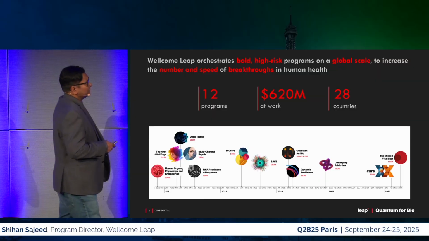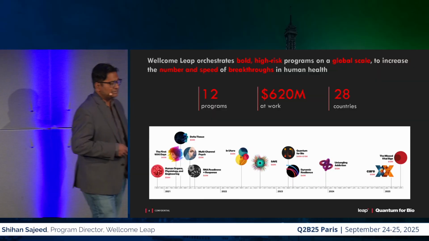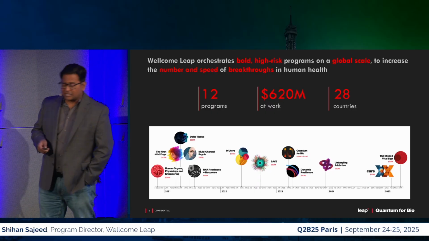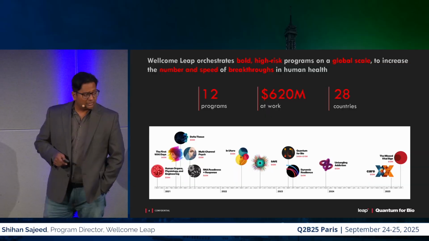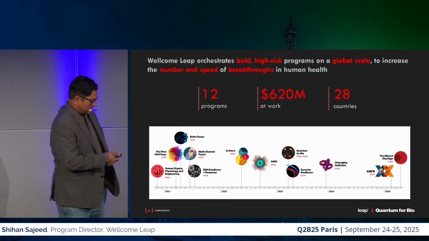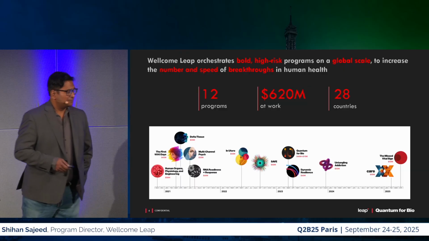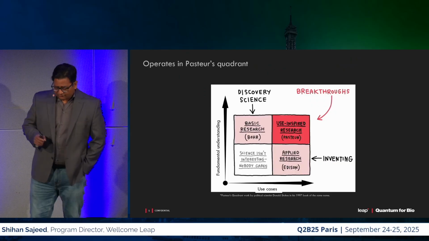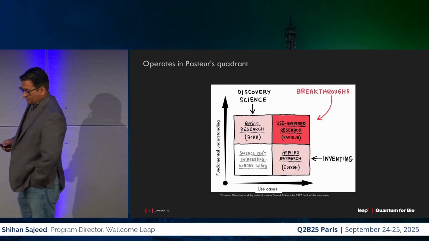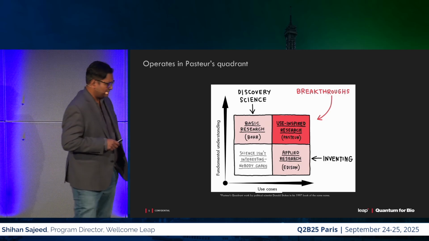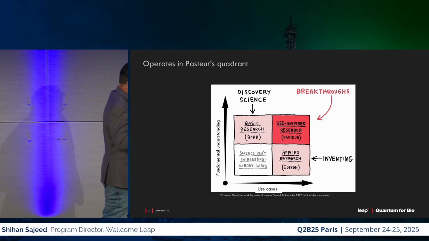In the last 5 years, it has launched 12 programs, 620 million at work, in 28 countries. On the bottom, you can see the programs, and I'm going to talk about this program, Quantum for Bio.